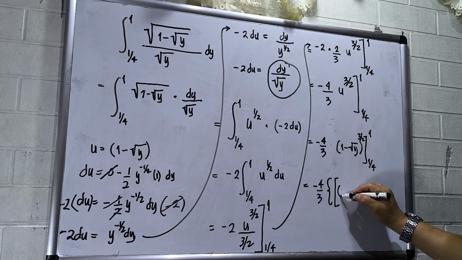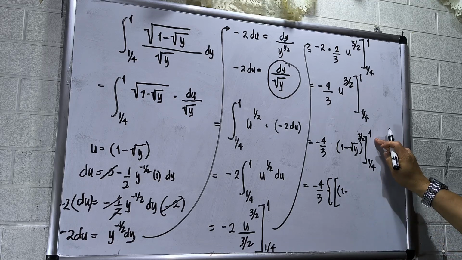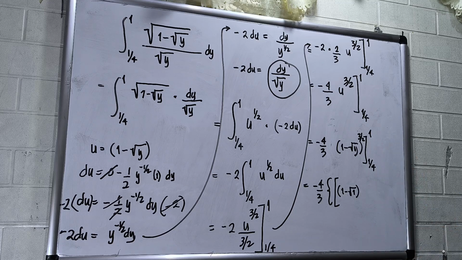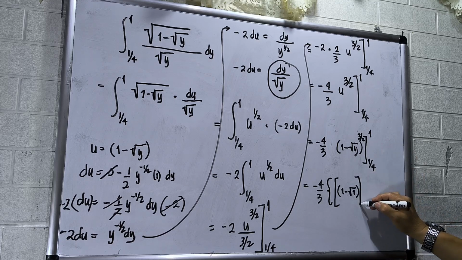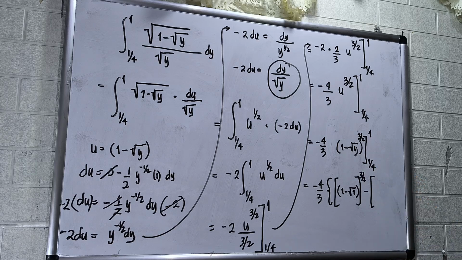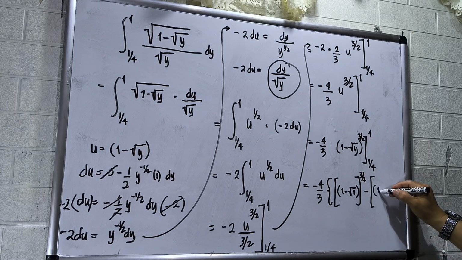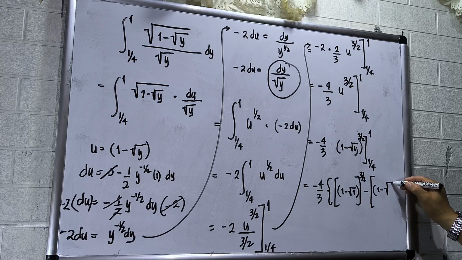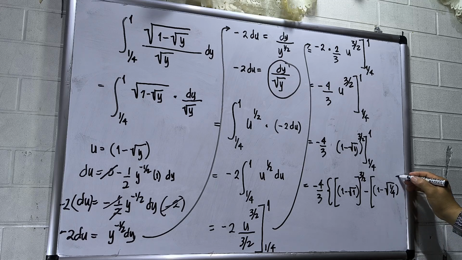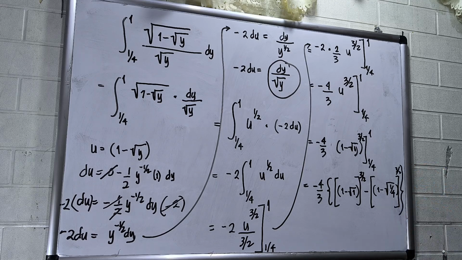This will be F of b minus F of a: 1 minus square root of 1, raised to the 3 halves power, and then minus F of a: 1 minus square root of 1 over 4, raised to the 3 halves, then close with braces.